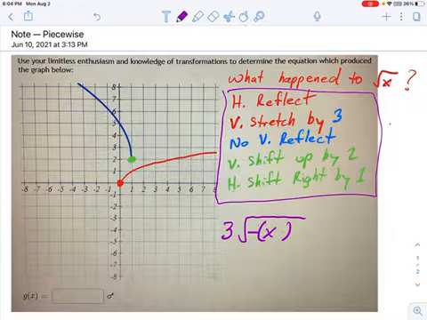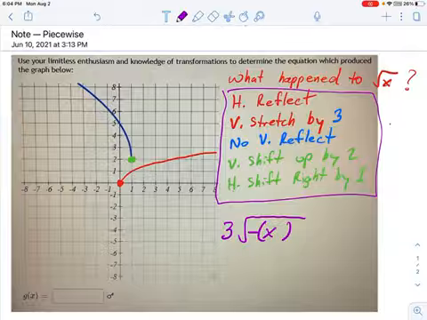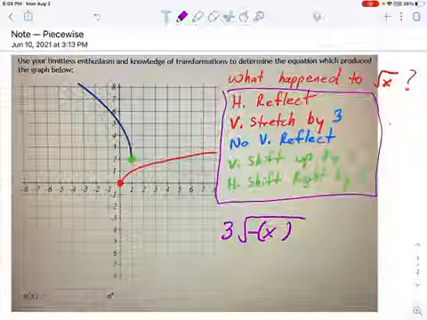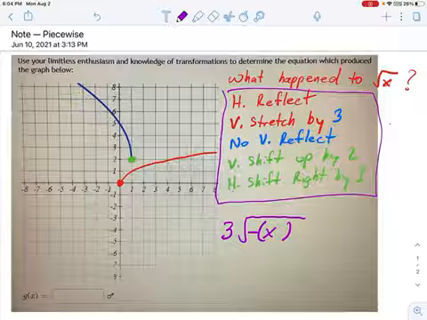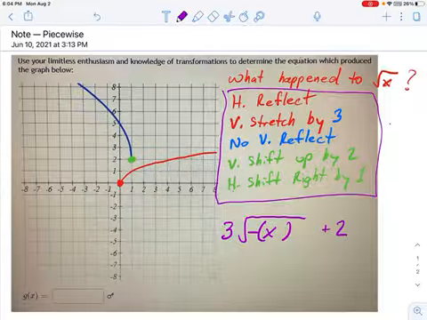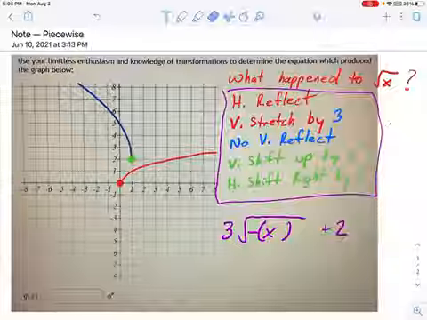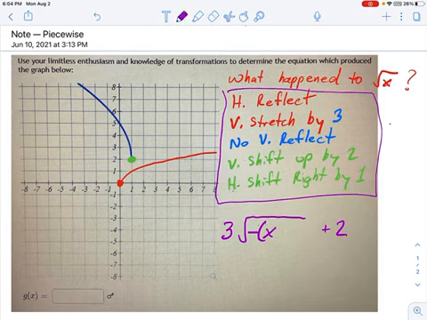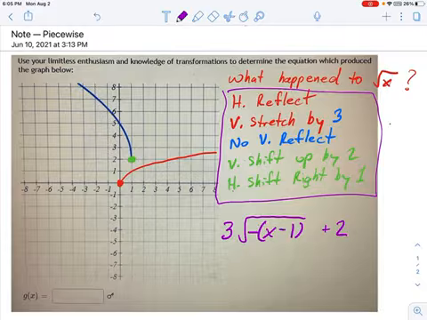And now there's no vertical reflection, so I'm done with all the stuff that has to happen first. Now I can move on to the shifts. And we have an up shift by 2. That's very easy. But we also have a shift to the right. And that means I'm going to have to replace x with x minus 1. Okay, and that's our equation.